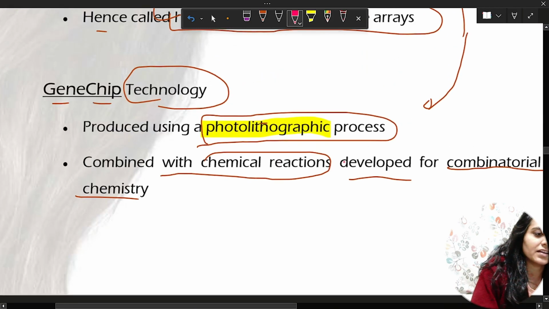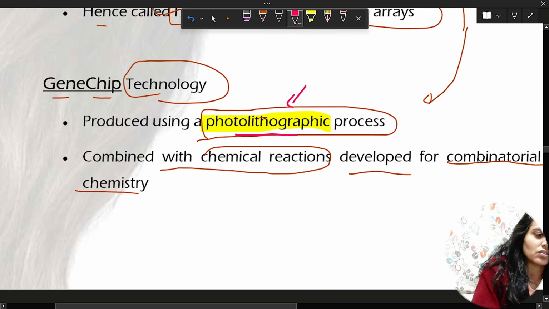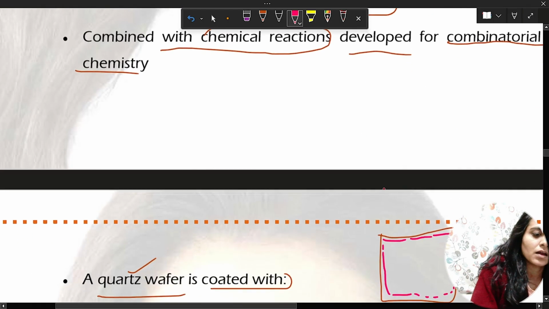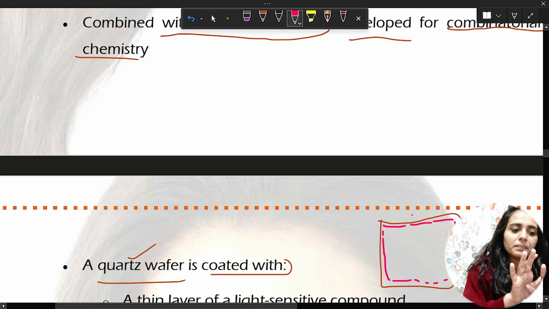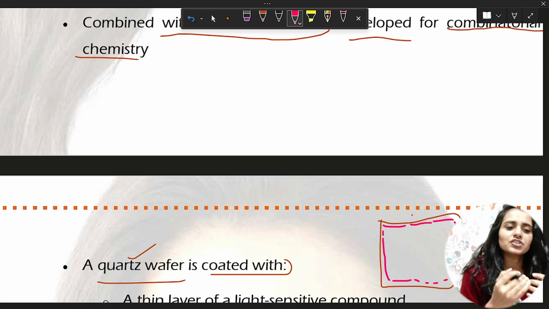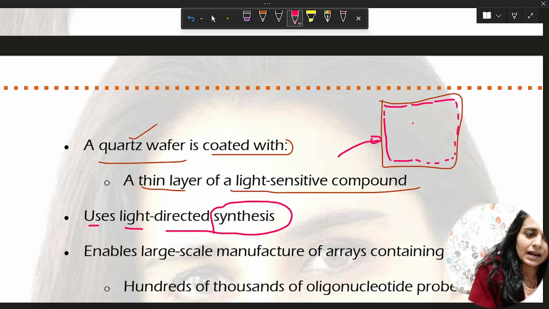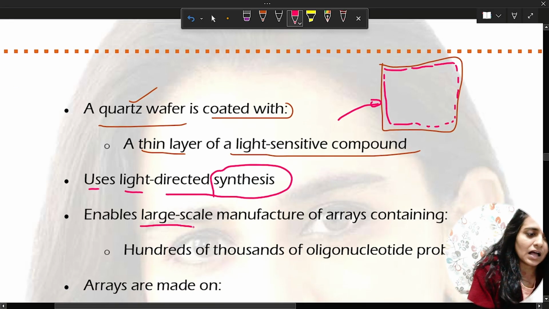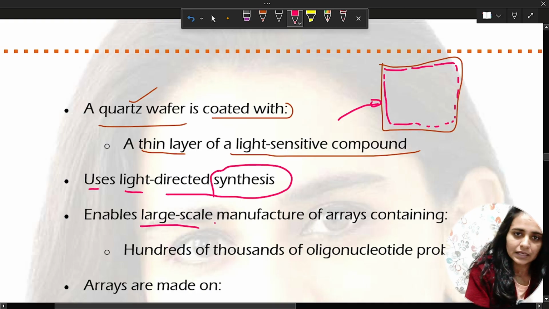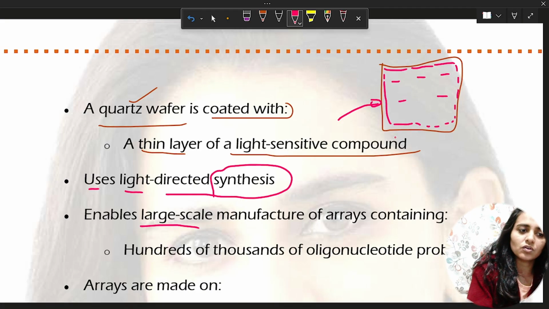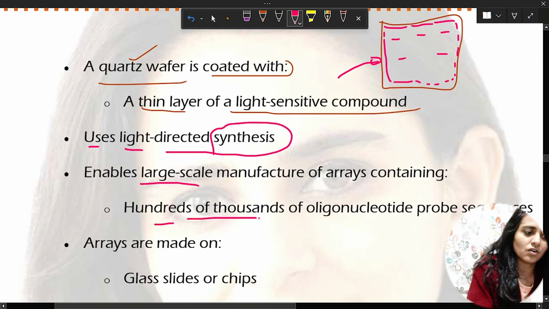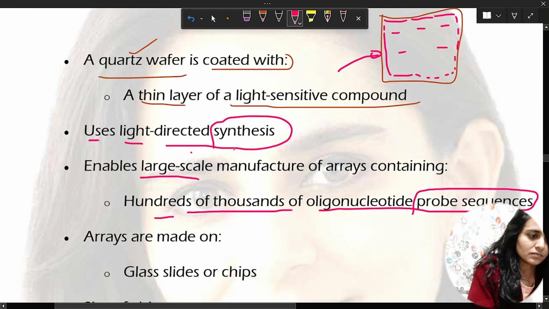This is why it is called photolithographic. We cover it with a thin film sensitive to light, and use direct light synthesis with some chemicals and light to synthesize hundreds of thousands of oligonucleotide probe sequences on that solid surface on a large scale.